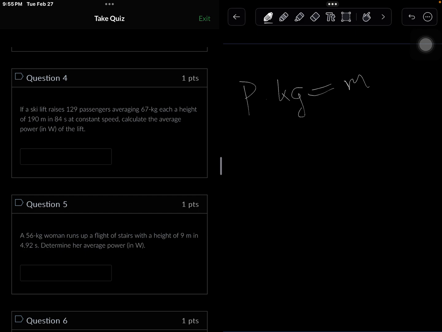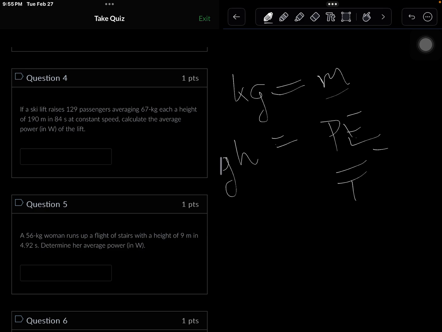Take m, and you want to find the mgh value, because the change in potential energy is going to give you the work. So the total mass times gravity, which is 10, times the height here of 190, is going to give you your potential energy. And your potential energy divided by your time of 84 seconds is going to give you your answer of the power required.